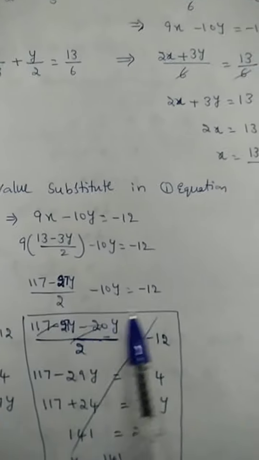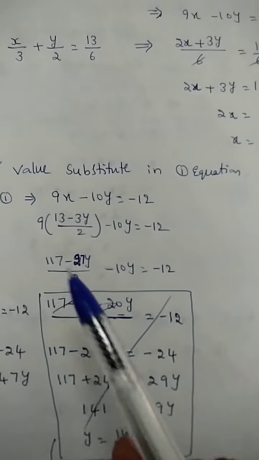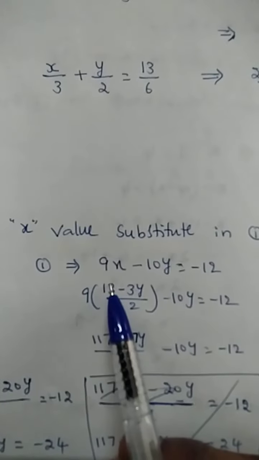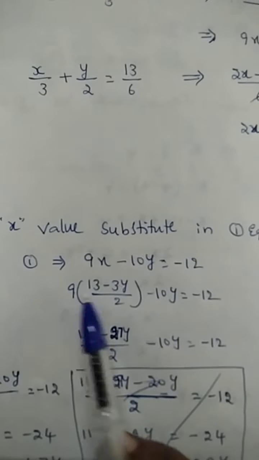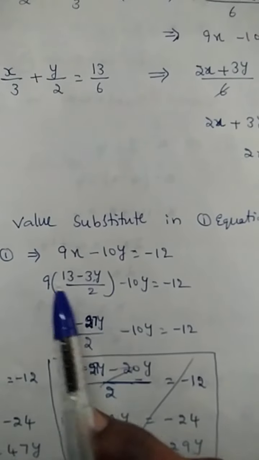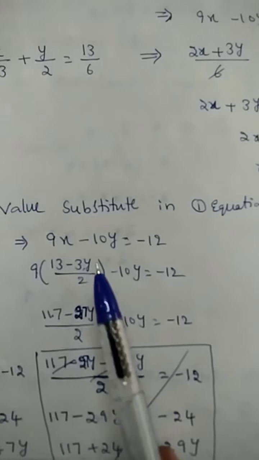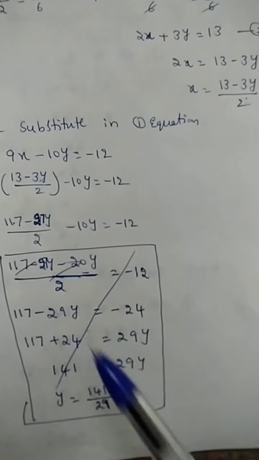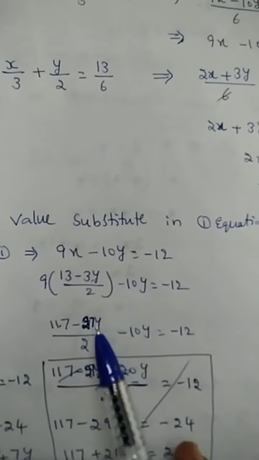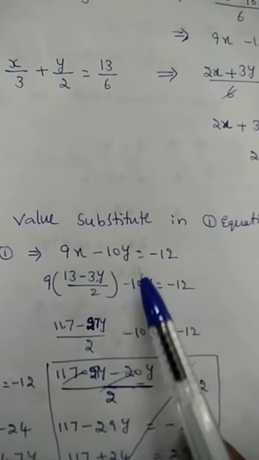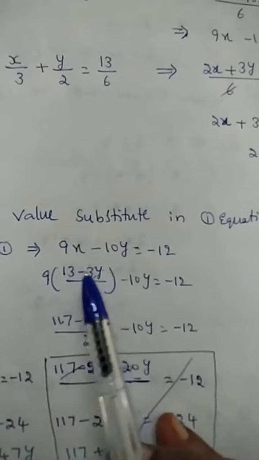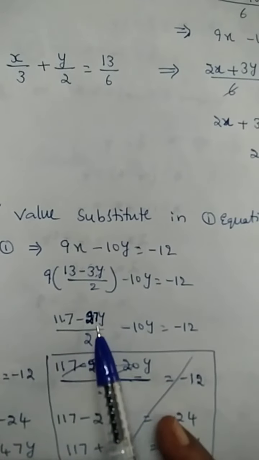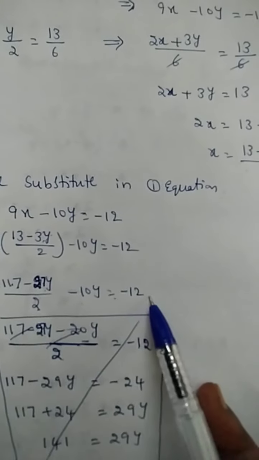I got some confusion multiplying, so I strike it off and do the problem here. 13 9s are 117, 9 3s are 27. Be careful whenever you are solving problems. Each and every term should be multiplied, it's a product. So 13 9s are 117, 9 3s are 27y by 2, minus 10y is equal to minus 12.